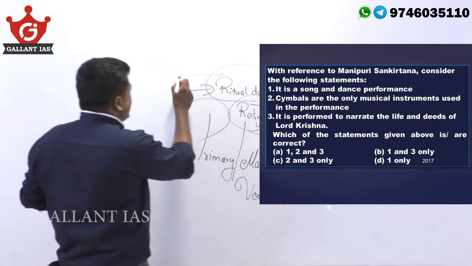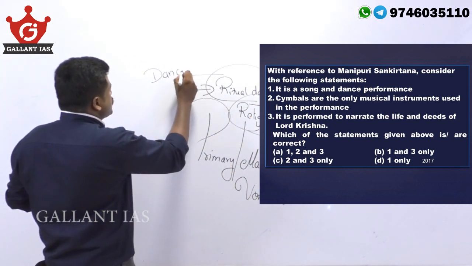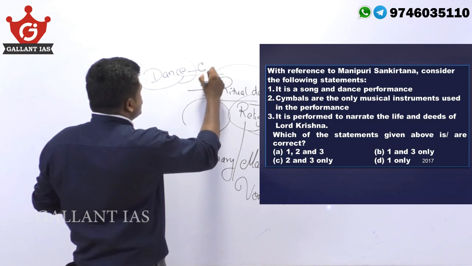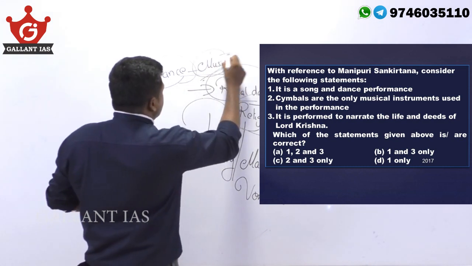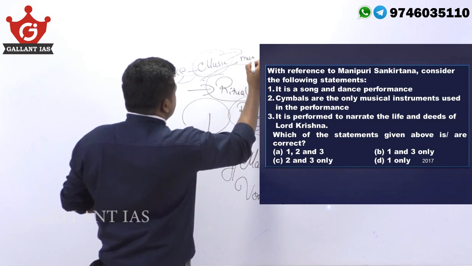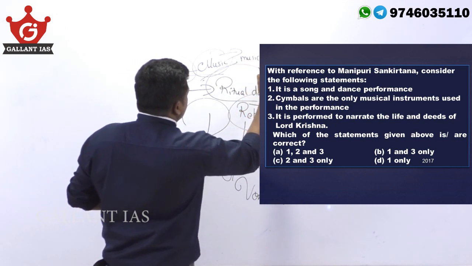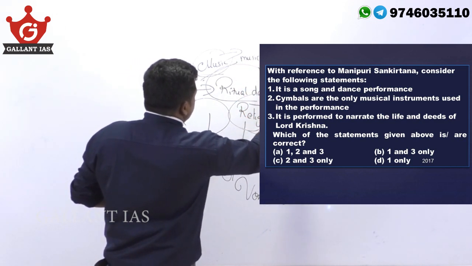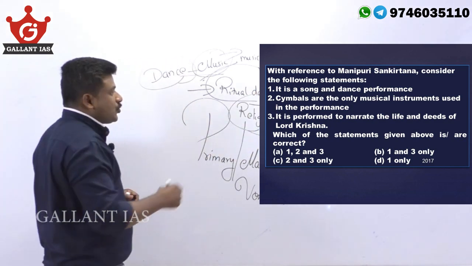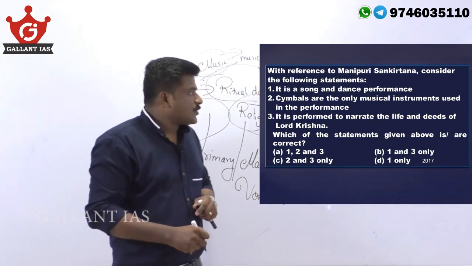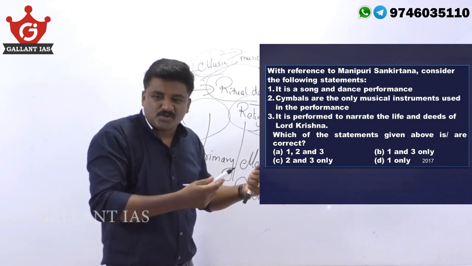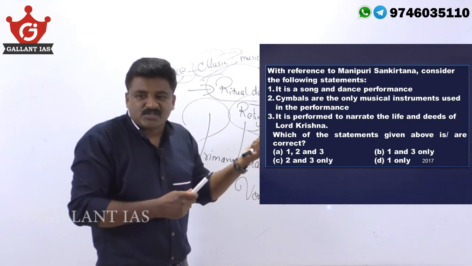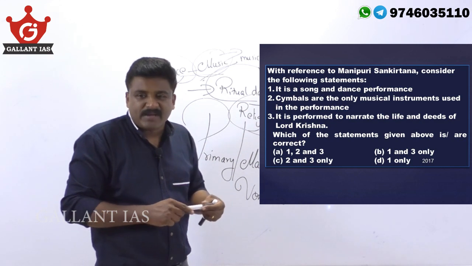Also you know that this ritual dance is accompanied by music or a song, and the song is accompanied by different musical instruments. So just look into the statements. It is a song and dance performance. Definitely it is a song and dance performance. It was inscribed in UNESCO's intangible cultural heritage of humanity.